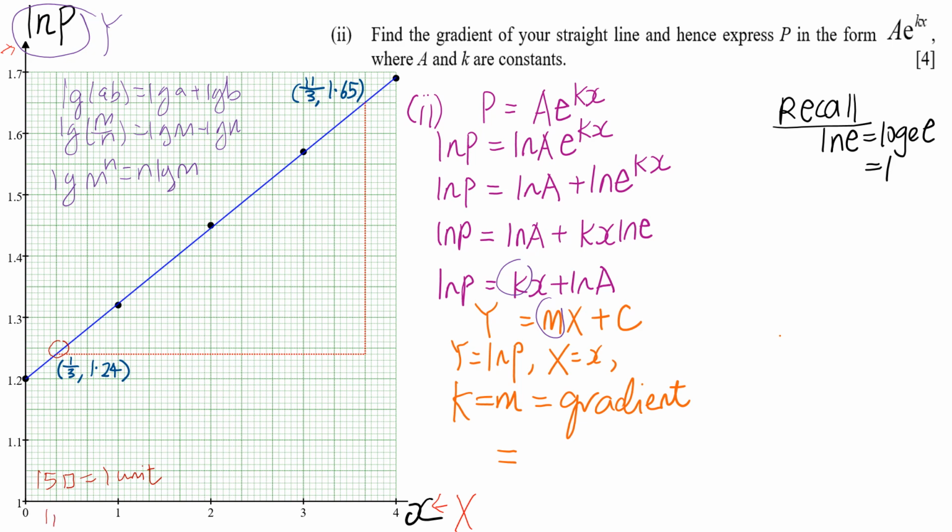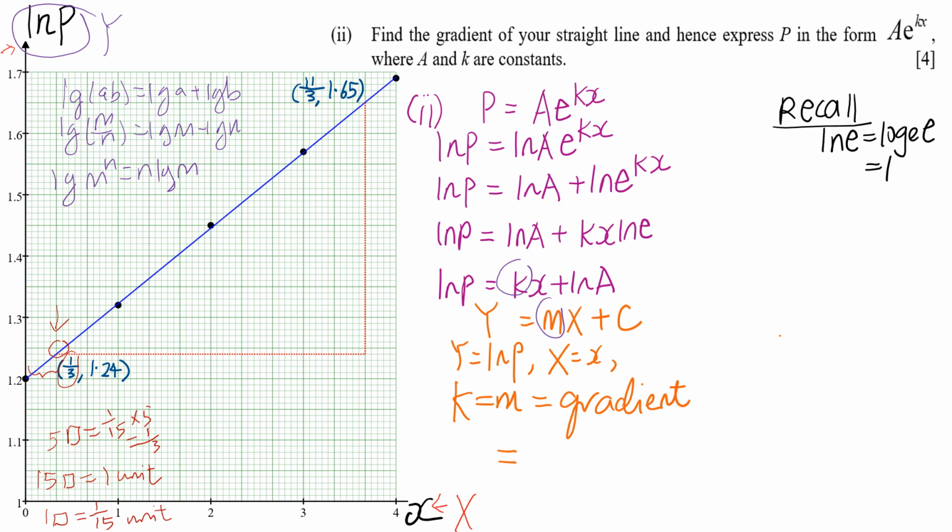So 1 small square is 1 over 15 unit. For this point, there are 5 small squares, so 1 over 15 times 5 gives you 1/3. That explains this 1/3 here.